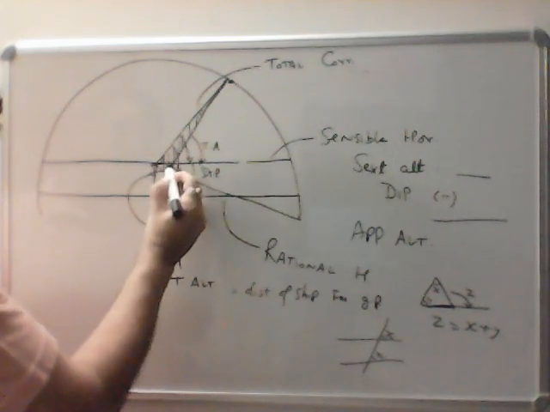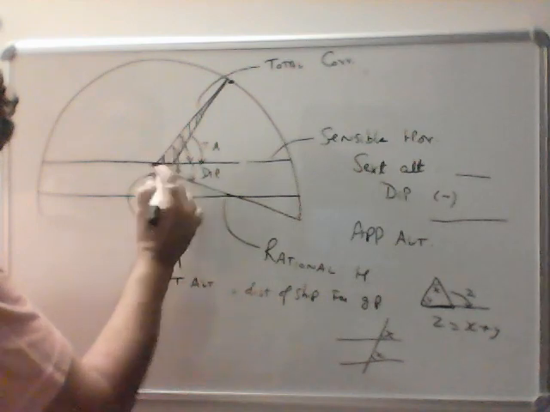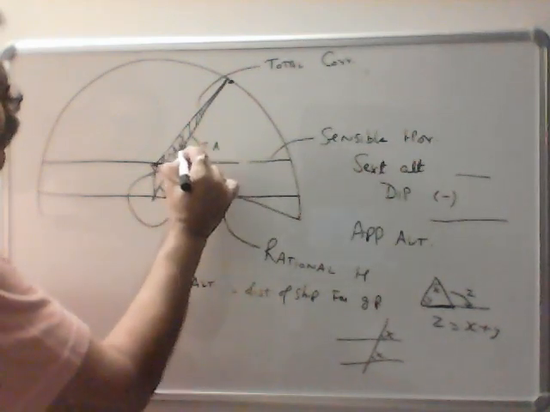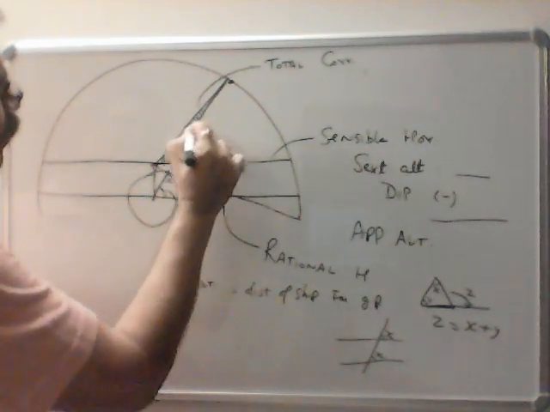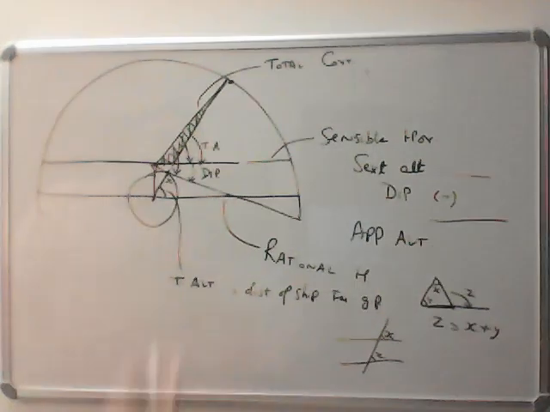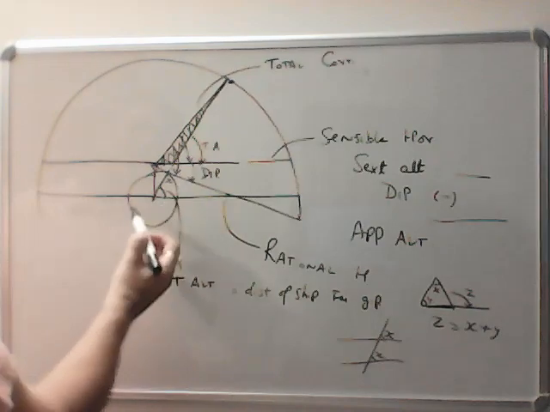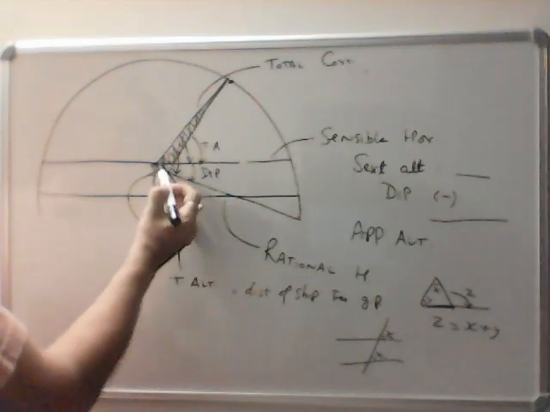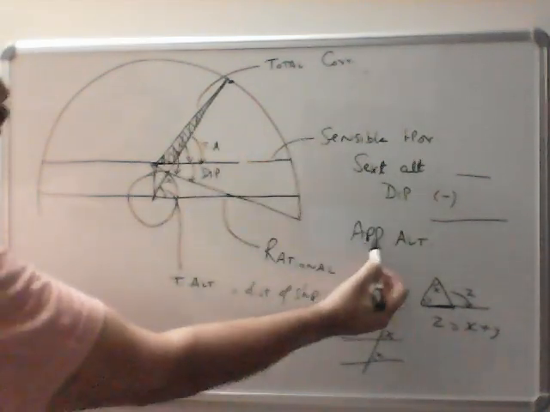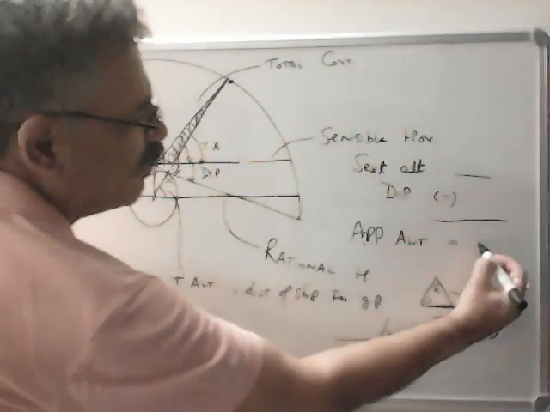This is the triangle we are talking about. So in this triangle, exterior angle is equal to this angle, which is total correction, plus this angle, which is apparent altitude. And this value we have already got.